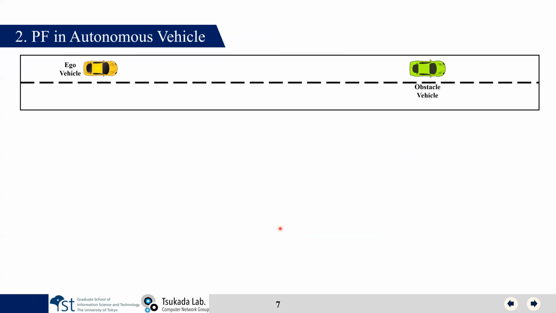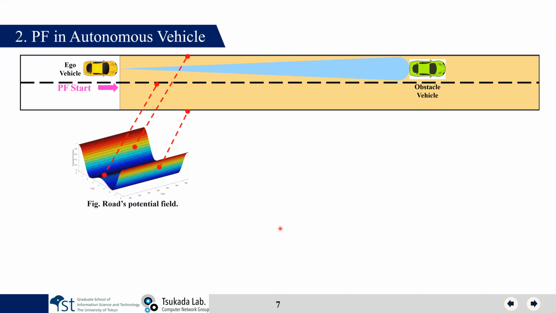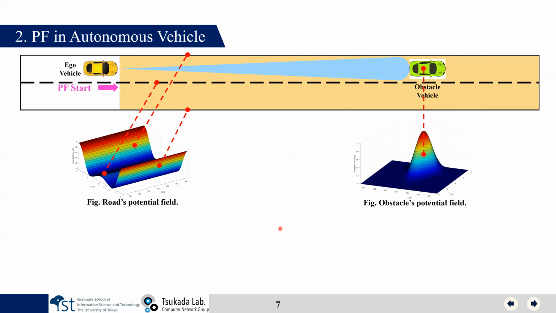In this slide, I will introduce how we apply the PF in autonomous driving. Usually the PF is able to model a 3D risk model from the given information about the surrounding environment. First we start the PF, and then it will model the 3D PF of the road boundaries and road center line, and of course the front obstacle vehicle.